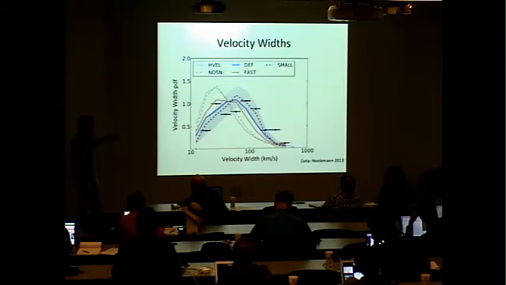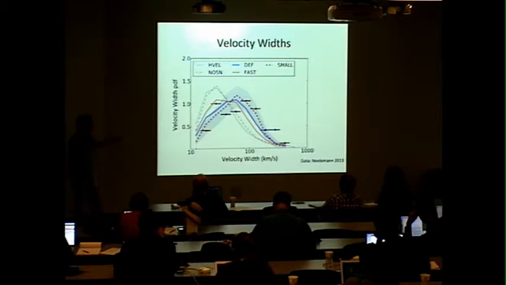These points here are binned data points from Marcel Neeleman's sample. And these gray bands here are measurements of the error. These are bootstrap errors. I've taken a sample like the data sample from the simulations, and I've put a region which encompasses 68% of the samples, and I've marked that on the plot.